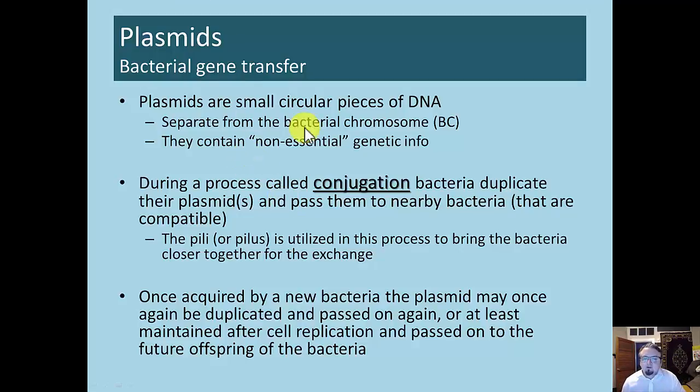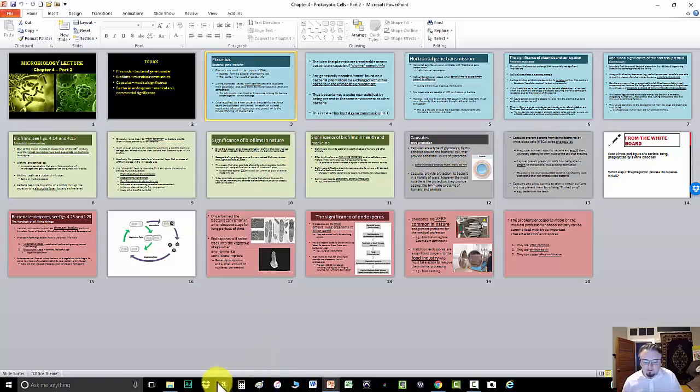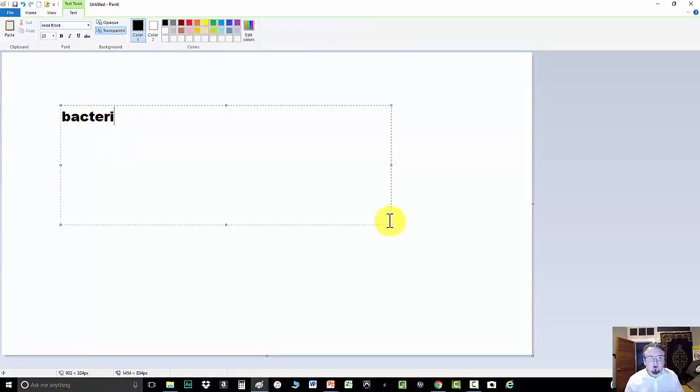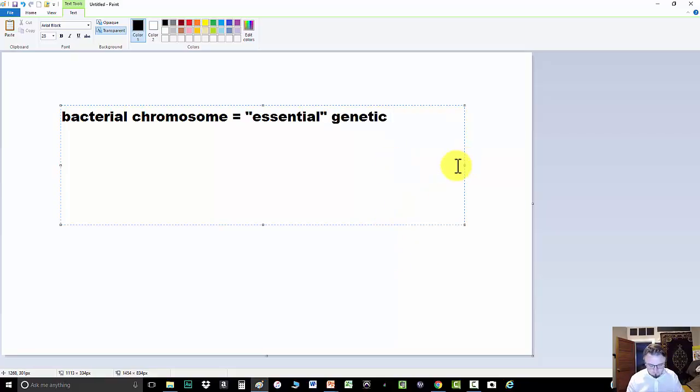So what they are, as I said, is a small piece of genetic material, and they're referred to as non-essential. Let me clarify that by saying that the bacterial chromosome, that larger piece I mentioned that contains several thousand genes, is considered essential genetic material.